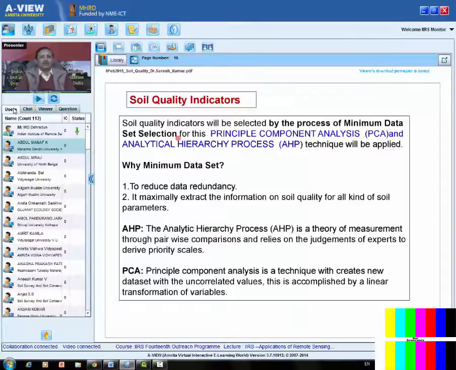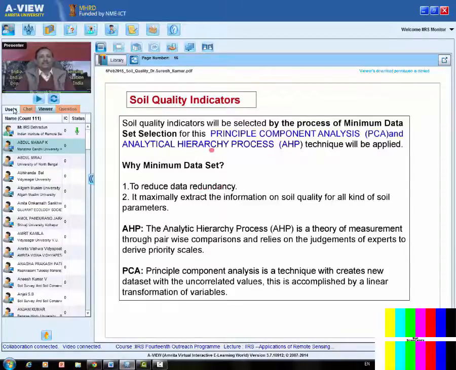In the very beginning we cannot decide that I can take a minimum of 4 or 5 properties. We can do that also, but in general, if you want a very good study, then you have to study all the properties and then select the minimum data set. How to select the minimum data set? Because I cannot take all the properties into account, we reduce the data redundancy.